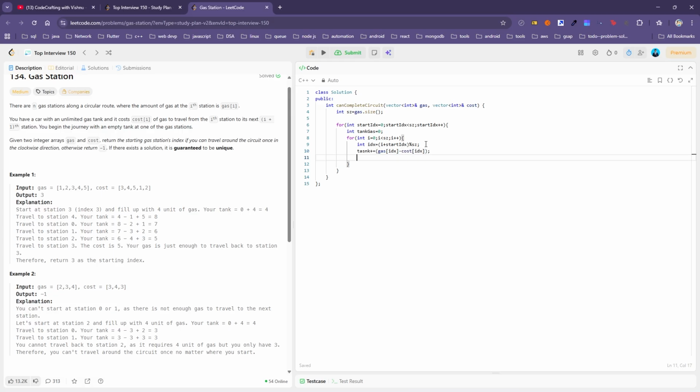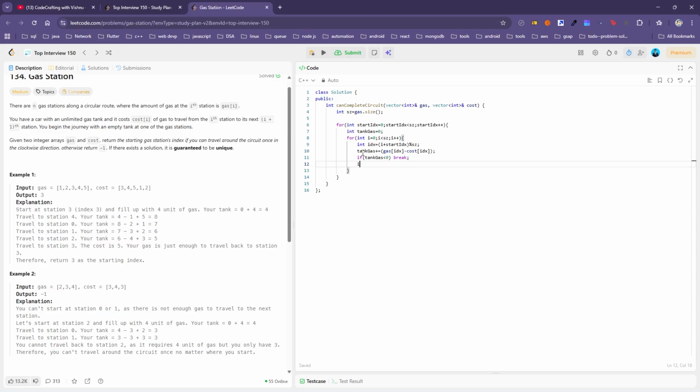Now after filling the gas from this index and reducing the cost, we check if the tank gas is less than 0, which means we cannot reach the next gas station. Then we will break out of this loop and see if the next index is a valid index. But if the tank gas is not negative, which means that we were able to reach the next gas station, then we will go to the next iteration.